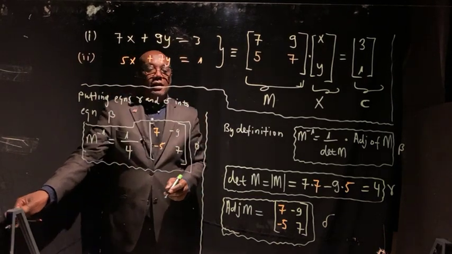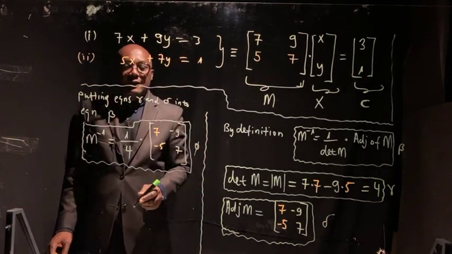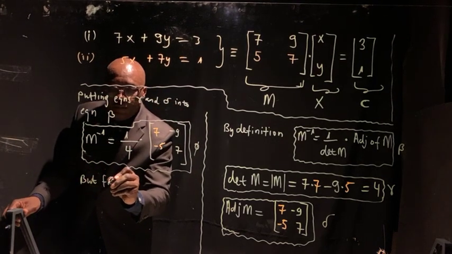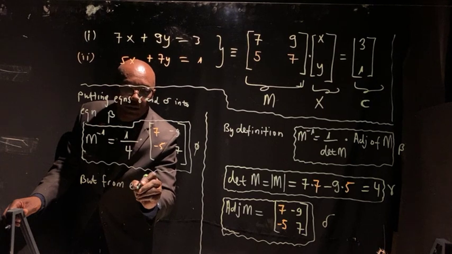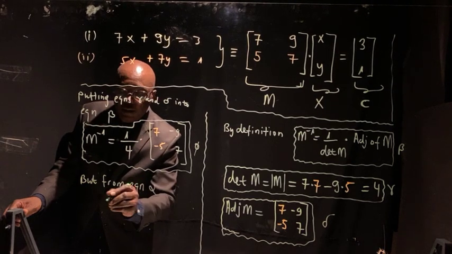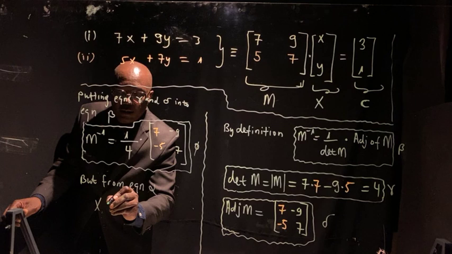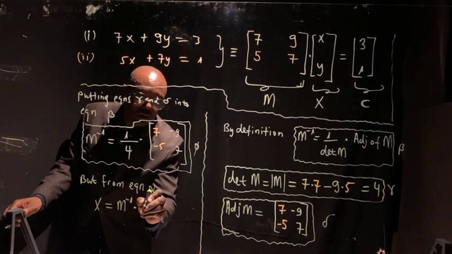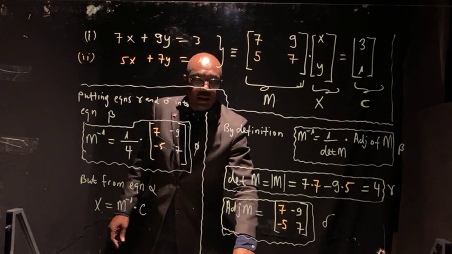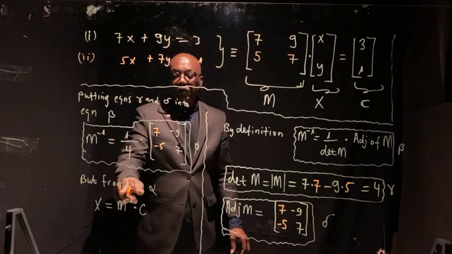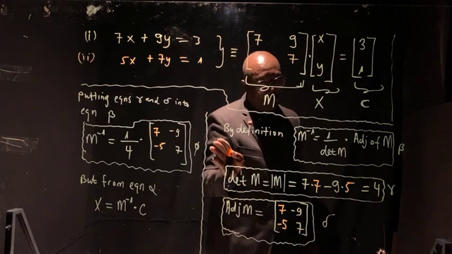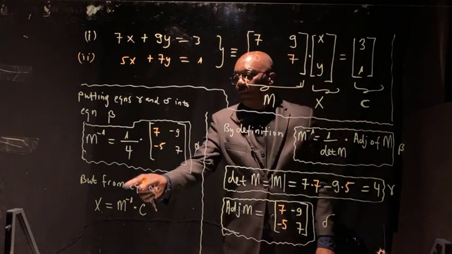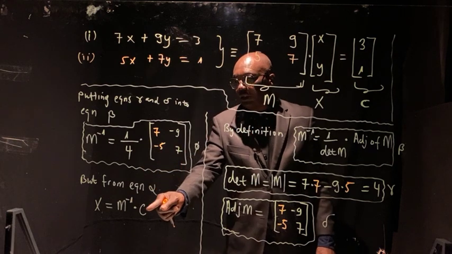Now, remember that from equation alpha, we had X equal to the inverse of the matrix M multiplied by C. Then we will take this portion, clean away this portion, and put equation 5 into equation alpha.